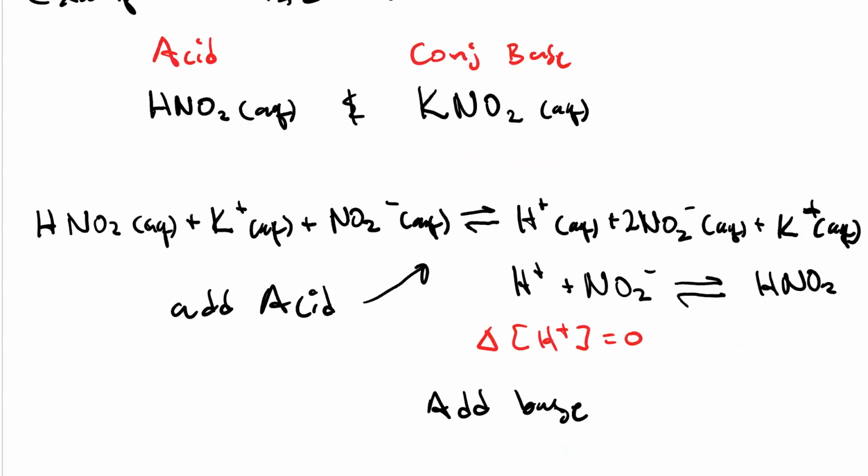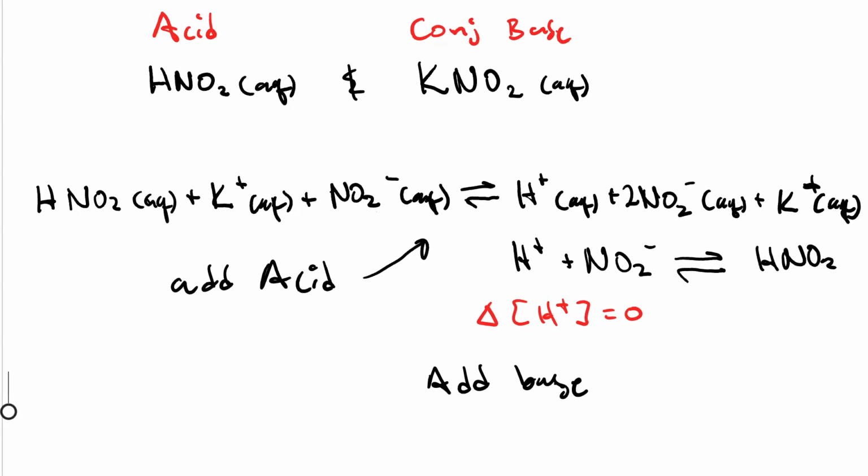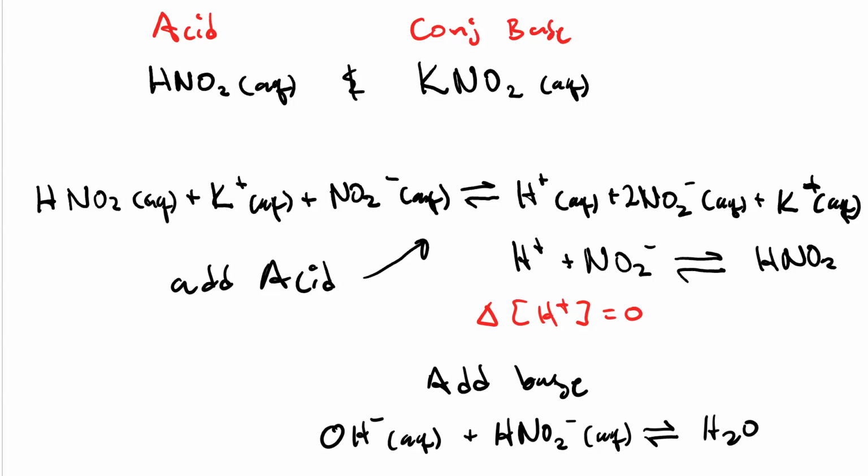Now let's say we add a base. That means we increase the concentration of hydroxide in solution. So any OH minus added will react with unionized acid, HNO2, to give us H2O, a liquid, and NO2 minus.